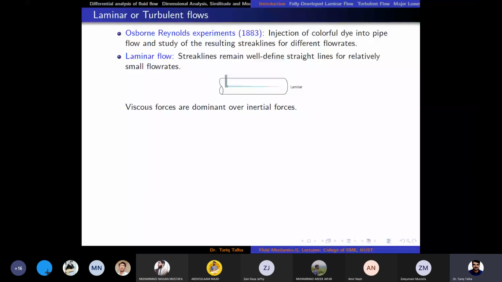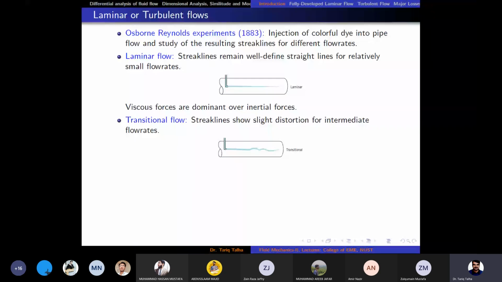In the transitional region, when the volume flow rate was increased, we can see some kind of distortion as we move along, a slight distortion. For intermediate flow rates, the viscous forces are comparable to inertial forces. And if the volume flow rate is increased further, the streak line shows a high level of distortion.